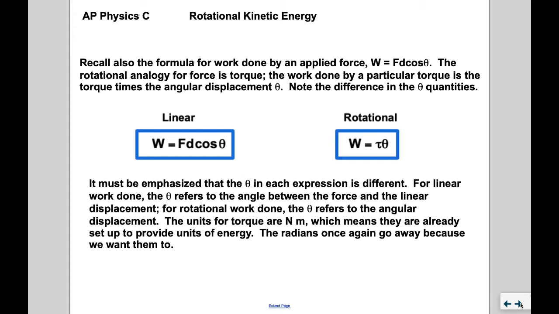So they are very different thetas, completely unrelated. The units for torque are Newton meters, so they're already set up to provide units of energy. The radians associated with theta on the rotational side go away because we need them to.